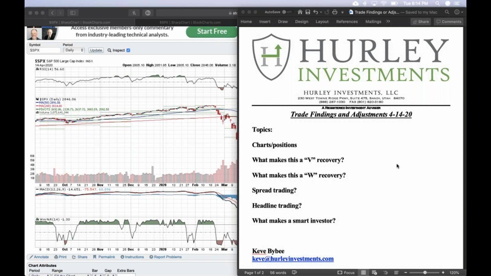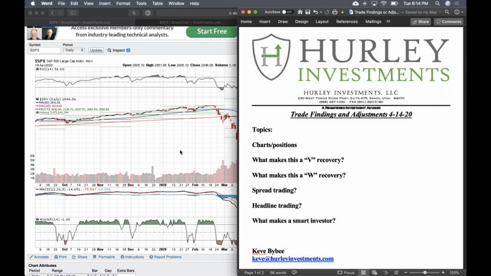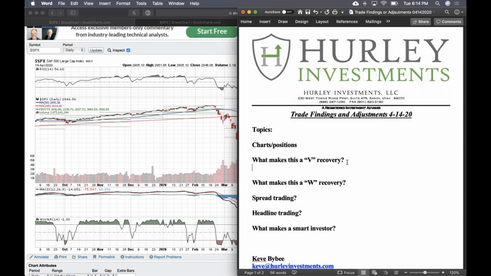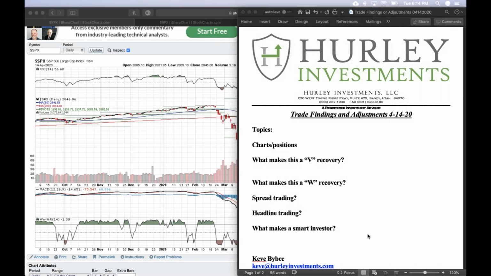What is going to make us a V-shaped recovery? What has to happen to make this market sell-off and recovery look like a V? Come on, guys, help me out. Not necessarily fishing for anything, but give me some thoughts.